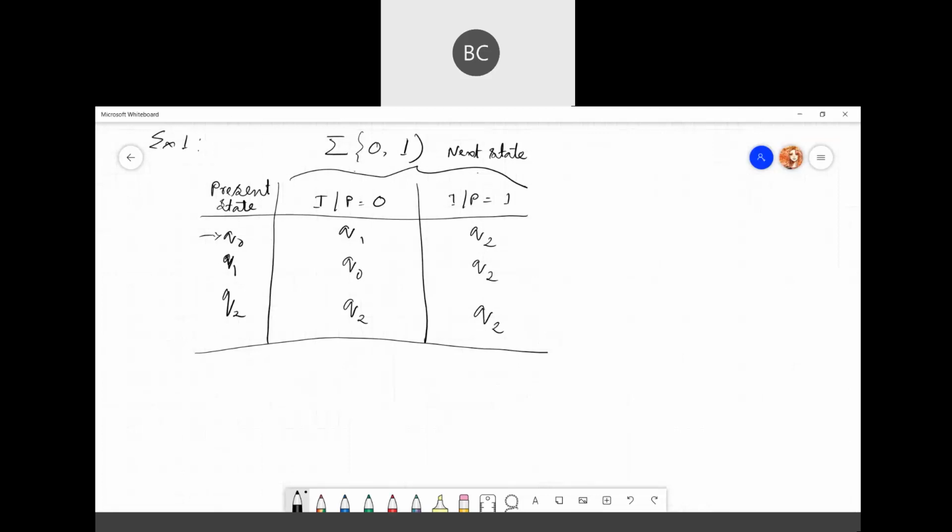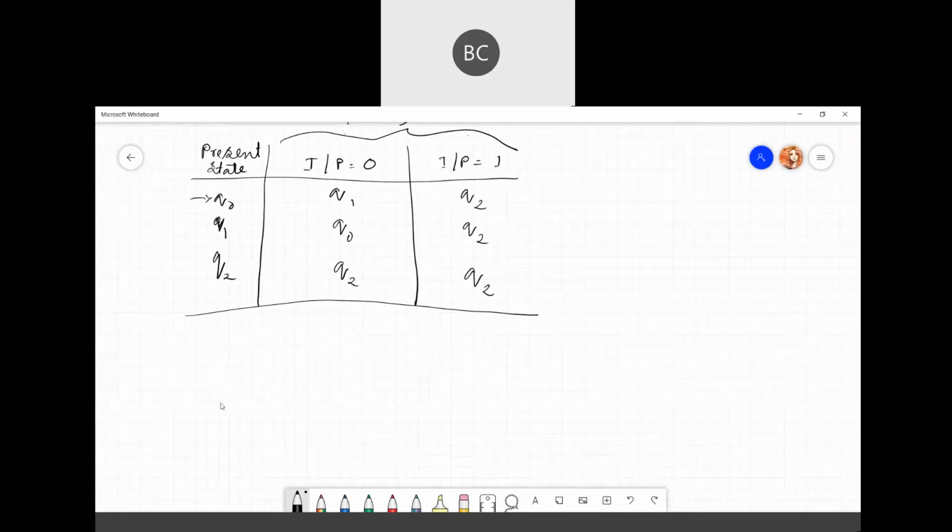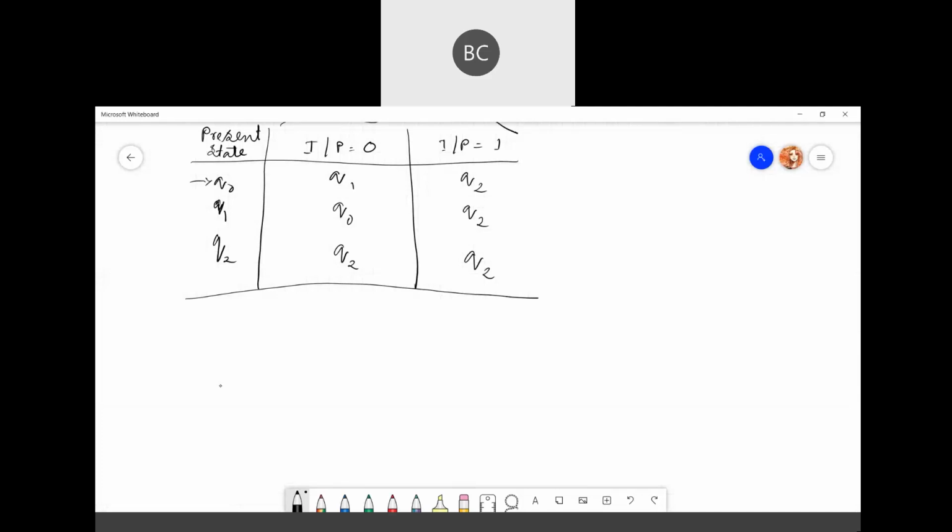So from the table, what information do you have? There are three states, right? You simply write three states: Q0, Q1, Q2.